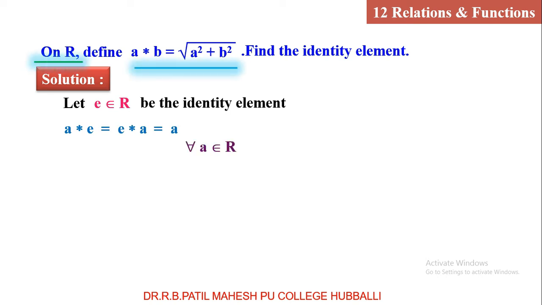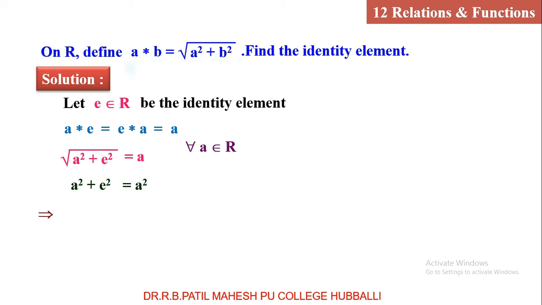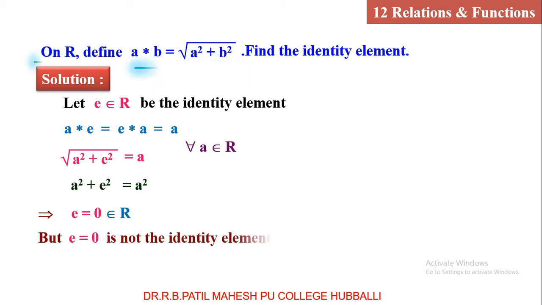Now I am going to write a star e as root of a square plus e square because of the given operation, and it is equal to a. If you take a square plus e square is equal to a square, squaring on both sides, e equal to 0 you get, because a square and a square get cancelled. We get e equal to 0, that belongs to the set of real numbers. But if e equal to 0, this is not going to be the identity element, students.